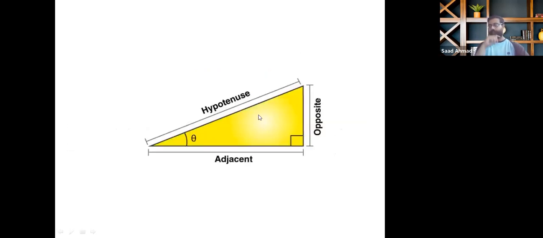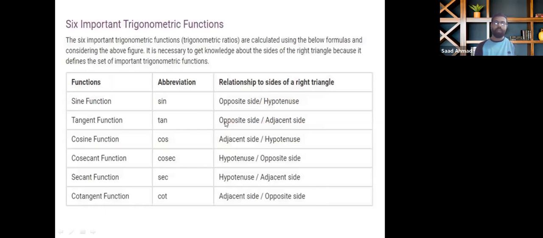Okay, so this is the right triangle that we have already discussed. So there are 6 important trigonometric functions.